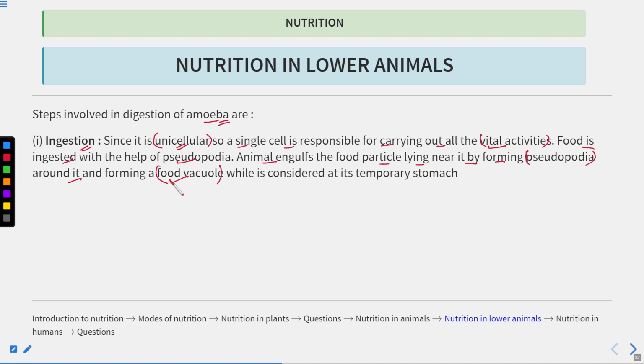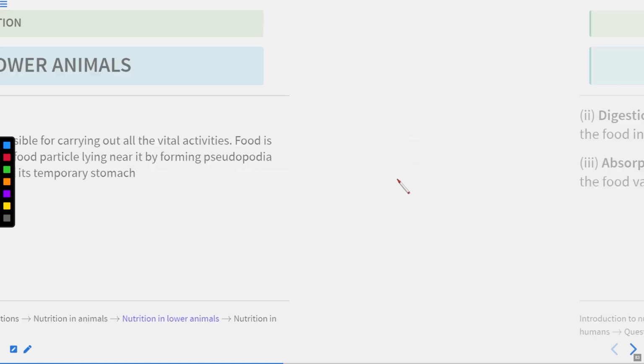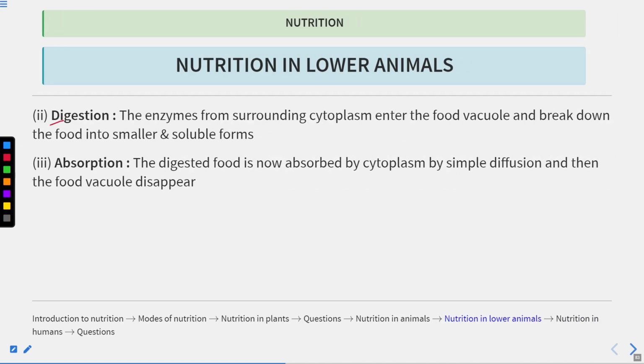The pseudopodia captures the food, it engulfs the food, and the food is stored temporarily in the food vacuole. The food vacuole is also known as the temporary stomach.